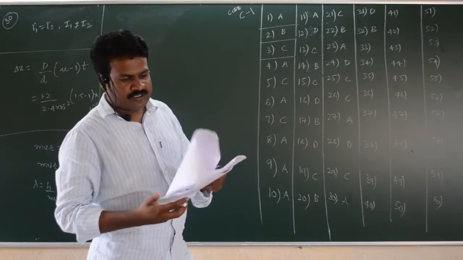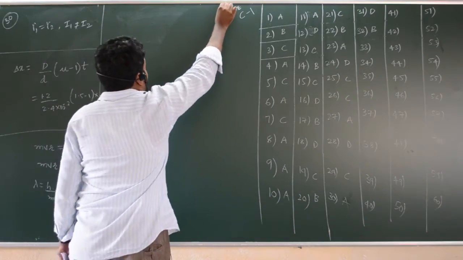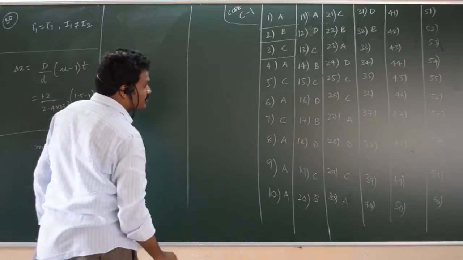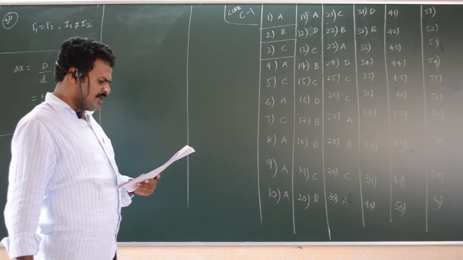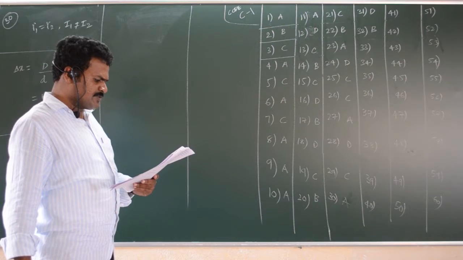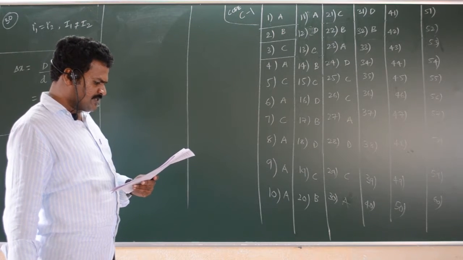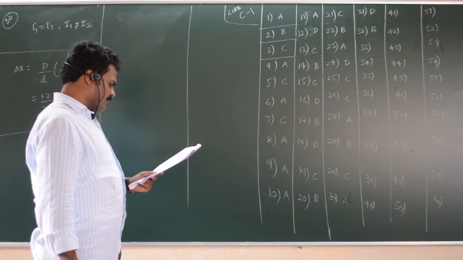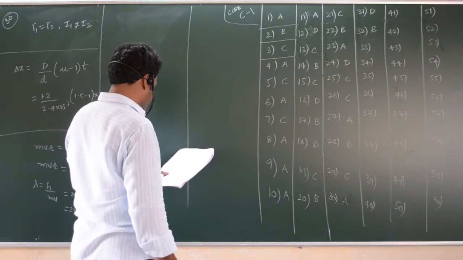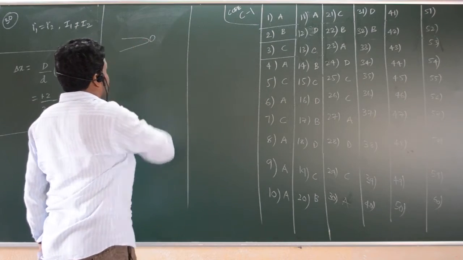Question number 33. In the alpha particle scattering experiment, most of the alpha particles are undeviated. So undeviated will be more, so A dash will be maximum. Because the nucleus is very small, only a few particles are getting reflected back.